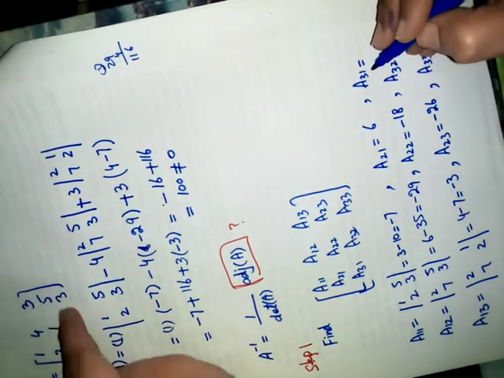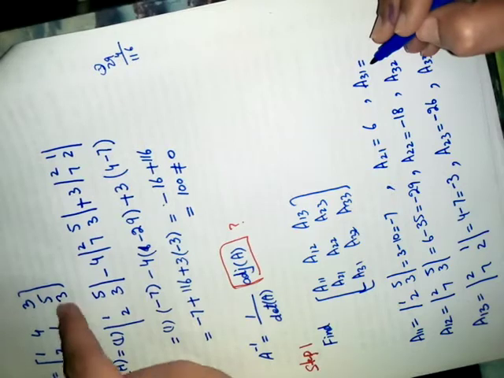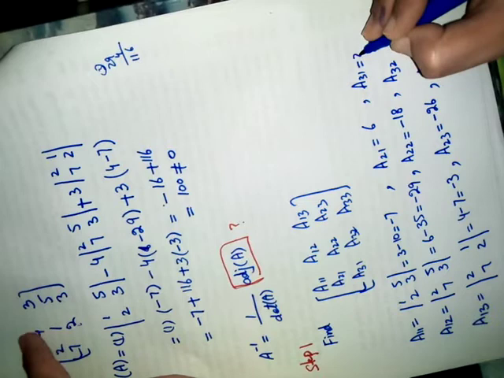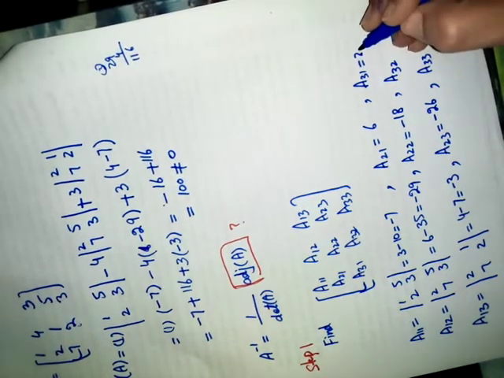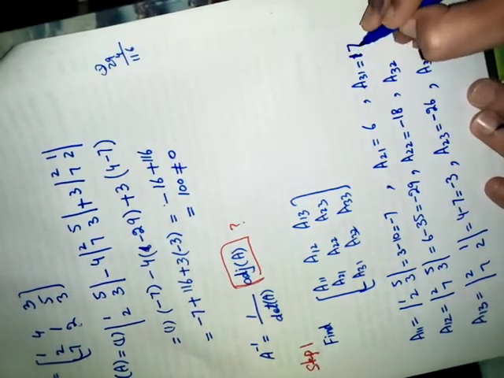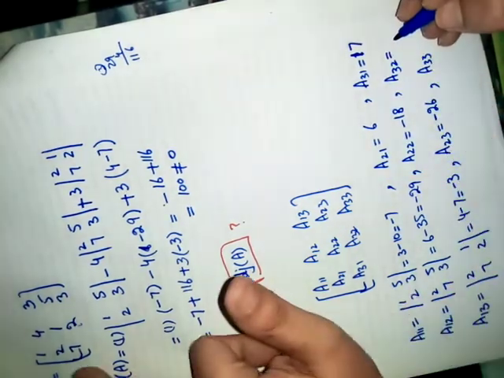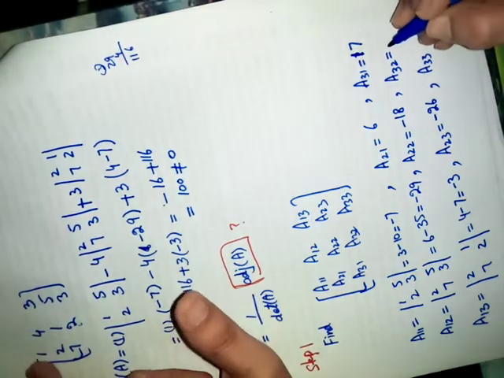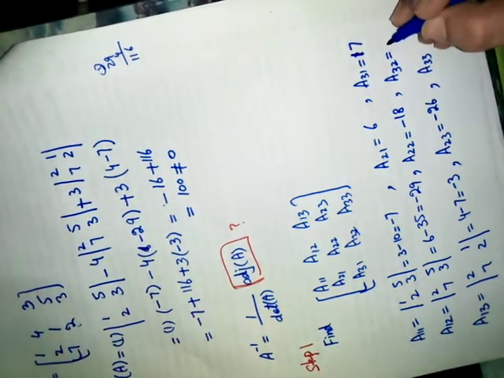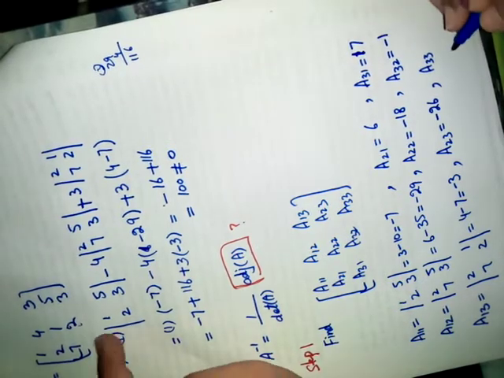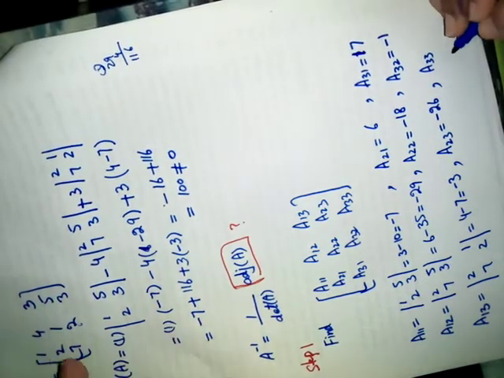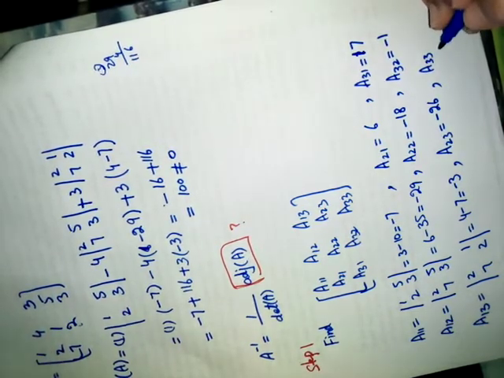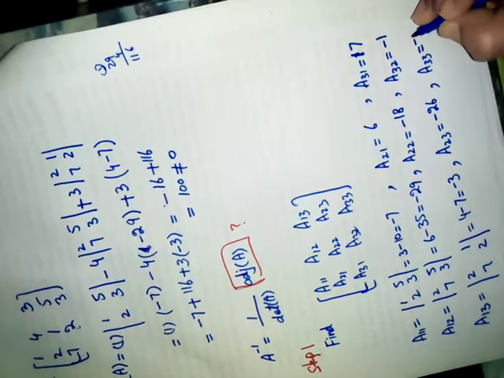Leave the third row and first column. It will be 5 4 the 20, minus 3 1 the 3, 20 minus 3, it will be 17. Leave the third row and second column. It will be 1 3 2 5, 5 1 the 5, minus 3 2 the 6, 5 minus 6, it will be minus 1. Leave the third row and third column, A33. It will be 1 1 the 1, minus 4 to the 8, 1 minus 8 will be minus 7.